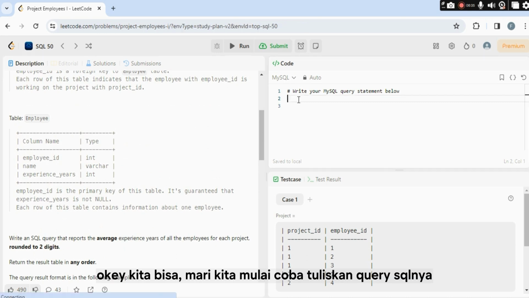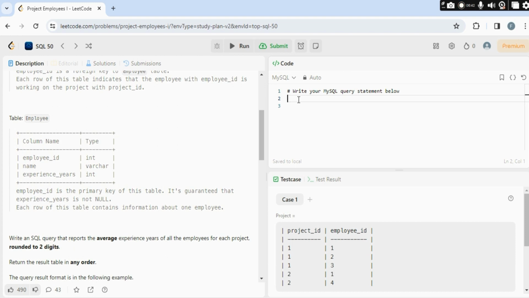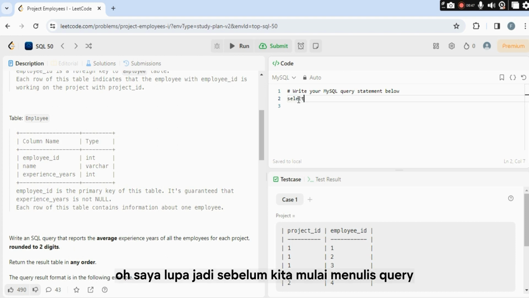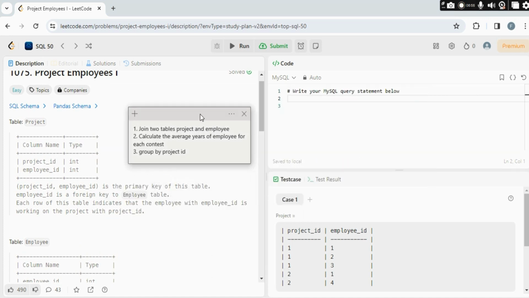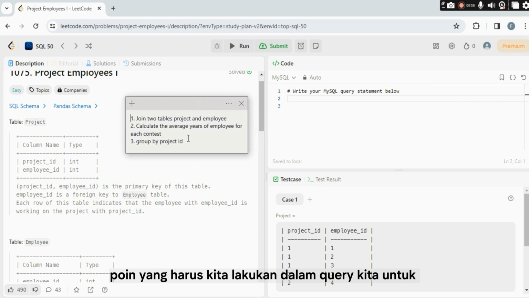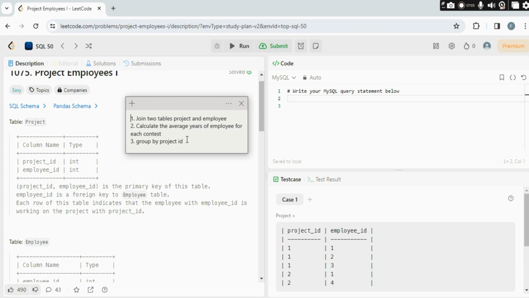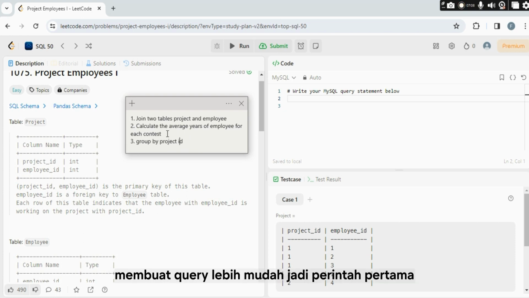Okay, let's start trying to write the query. Oh, I forgot. Before we start writing the query, there are 3 points that we have to do in our query to make it easier.